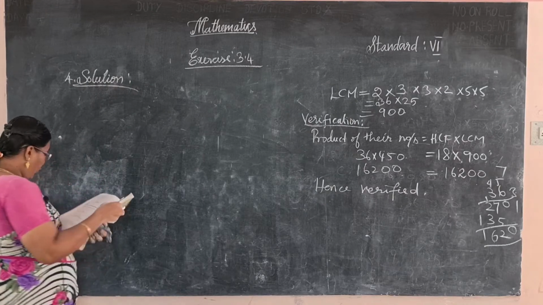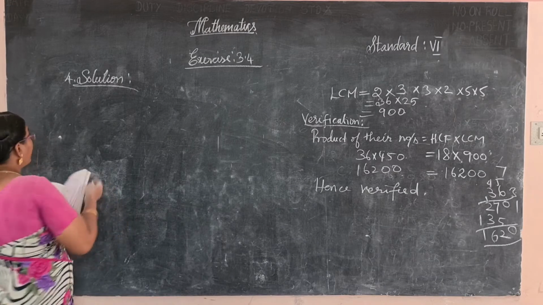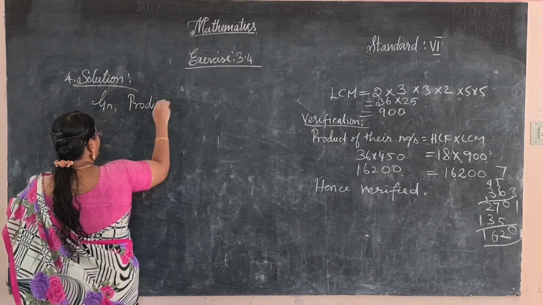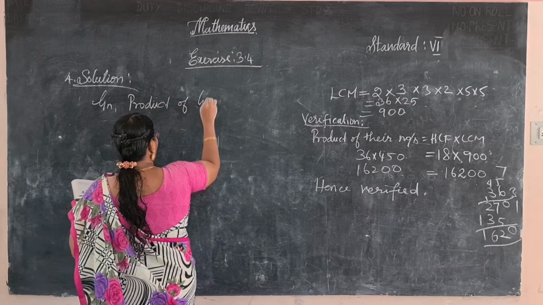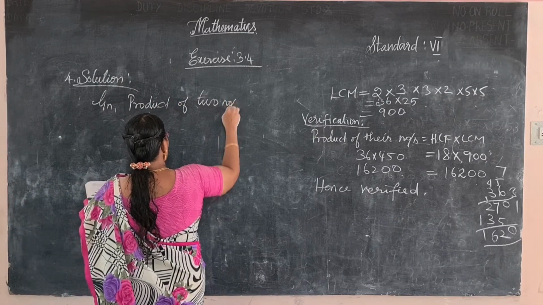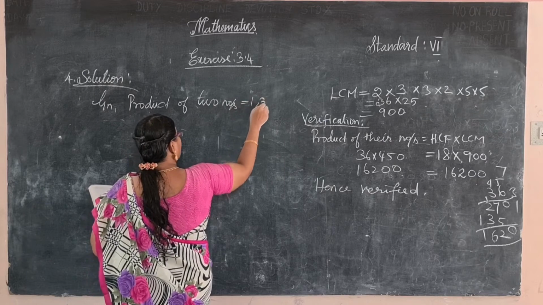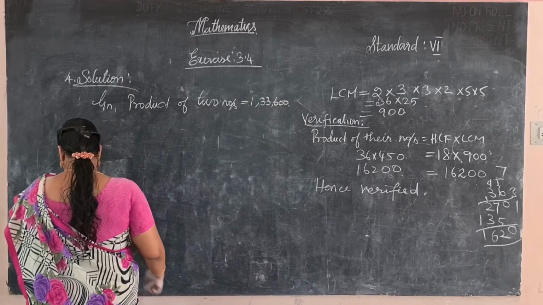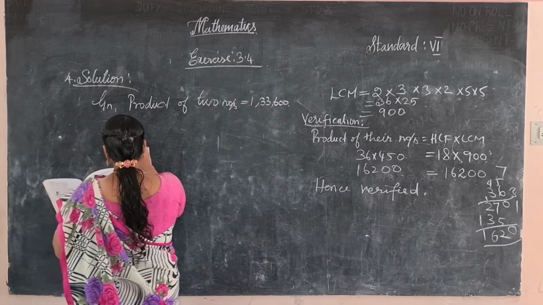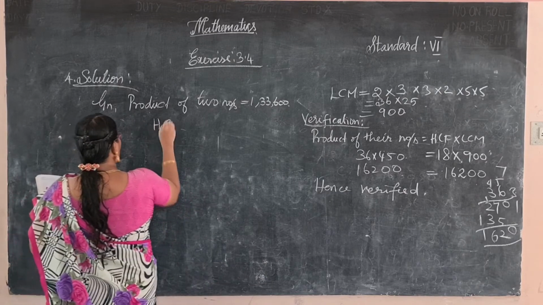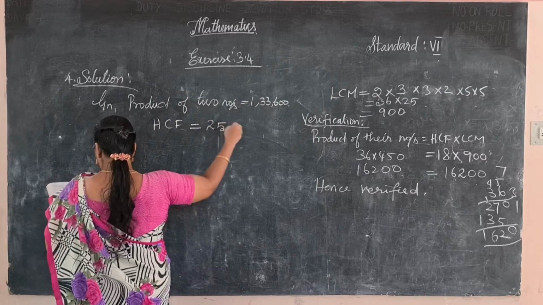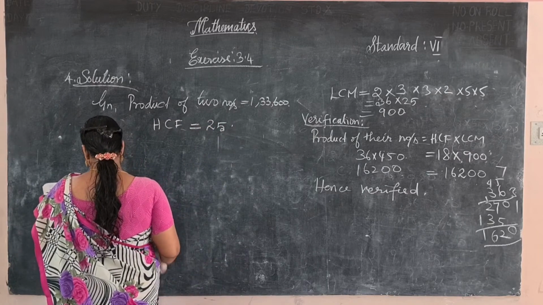Fourth one, the product of two numbers. What is the value? 1,33,600. Okay. If their HCF is equal to, what is the value? 25. HCF is 25. Then find their LCM.